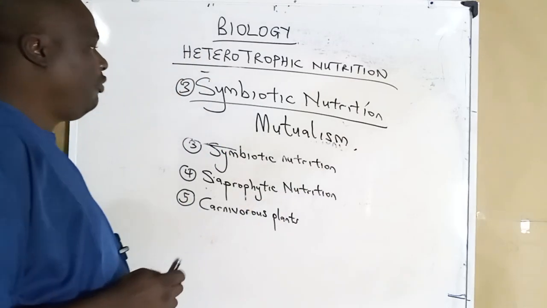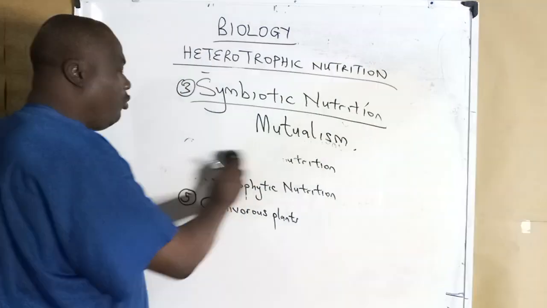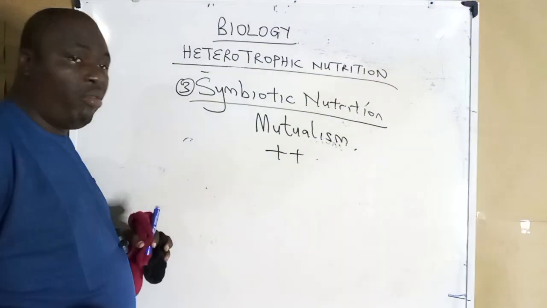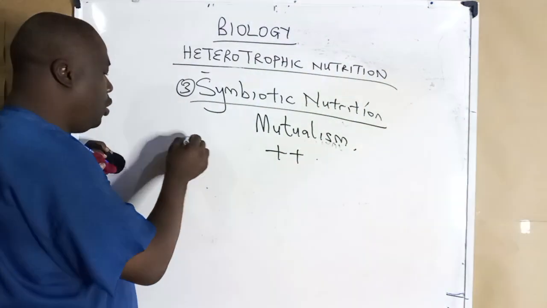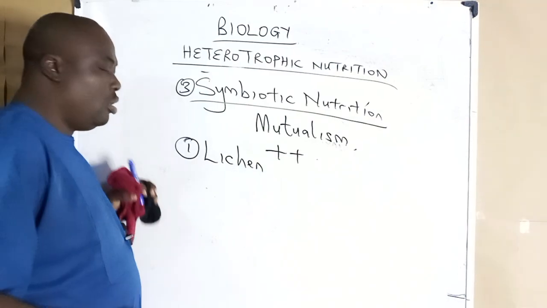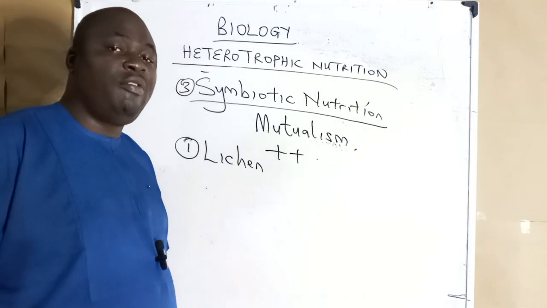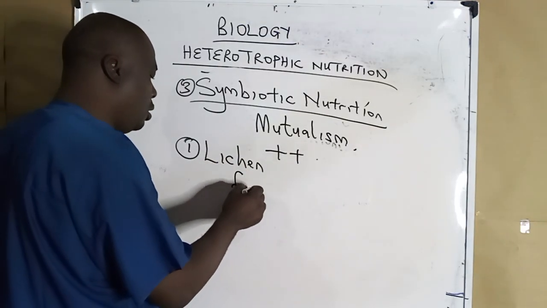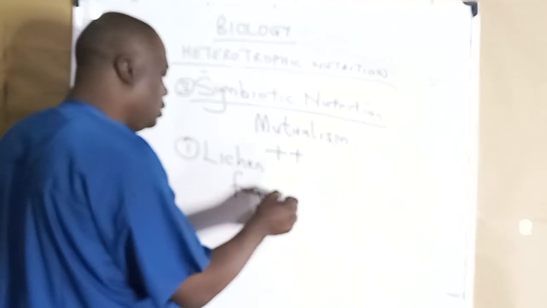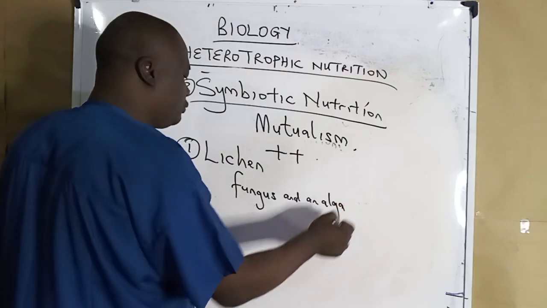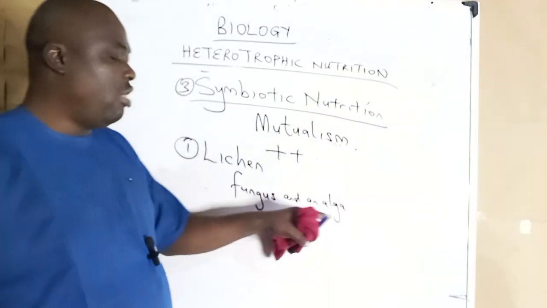So symbiotic nutrition involves two organisms where they both benefit from each other. In that case, we call it a plus-plus association. They both benefit. An example of organisms that occur with symbiosis is lichen. Lichen is a symbiotic relationship between a fungus and an alga.